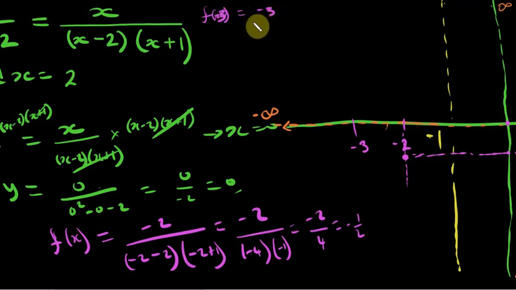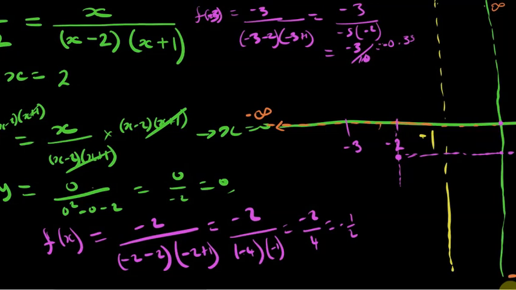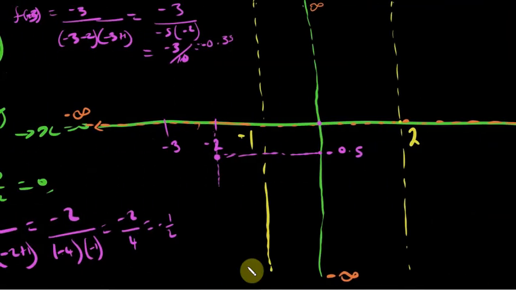Minus 3 over (minus 3 minus 2)(minus 3 plus 1) gives minus 3 over minus 5 multiplied by minus 2, so minus 3 over 10, which is minus 0.3.